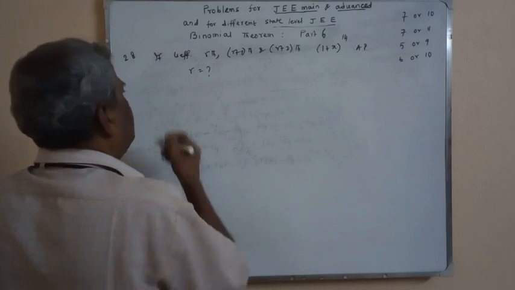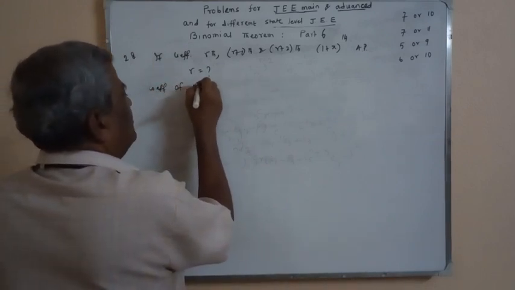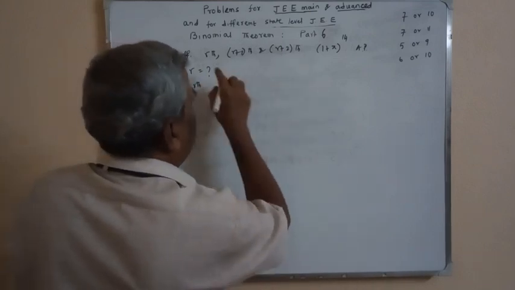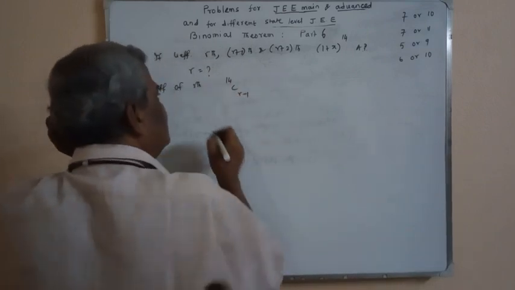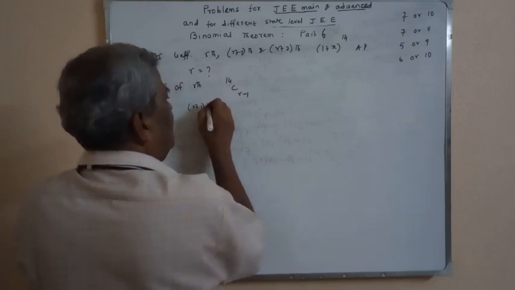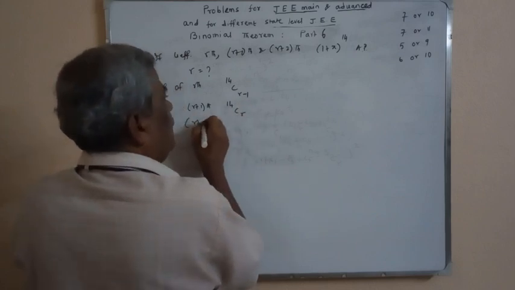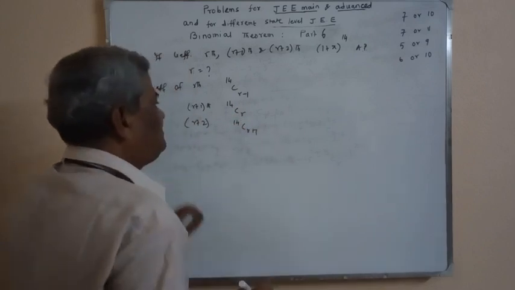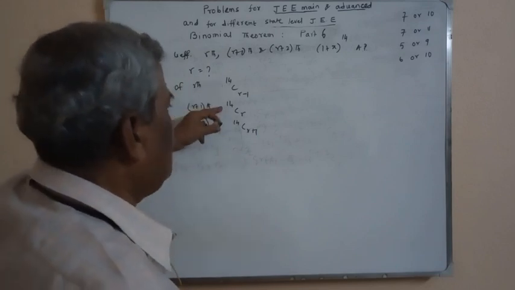Now the coefficient of the rth term of this is 14C(r minus 1), that of the r plus 1th term is 14Cr, and that of the r plus 2th term is 14C(r plus 1). Now as per our condition, these three are in AP.